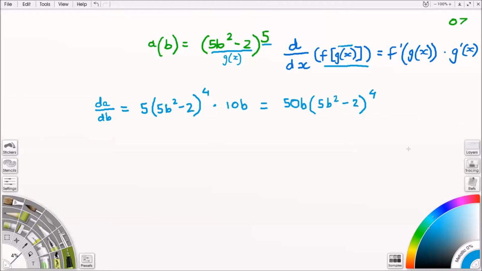I'm not sure whether Symbolab is going to simplify this further. If you would expand this, let me know in the comments why, and how you would have actually done this in a better way, and I'd be really interested to hear that. But for me, I think this is the derivative here.